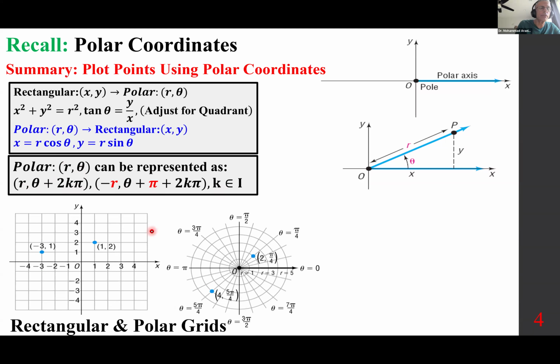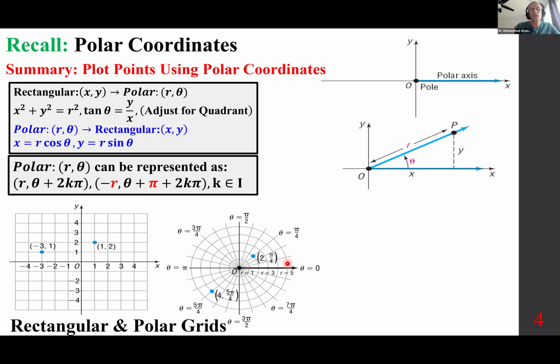A rectangular grid, you have x, y, for example, 1, 2. A polar grid, normally you have a circle centered at the pole or the origin, and you have a bunch of them.